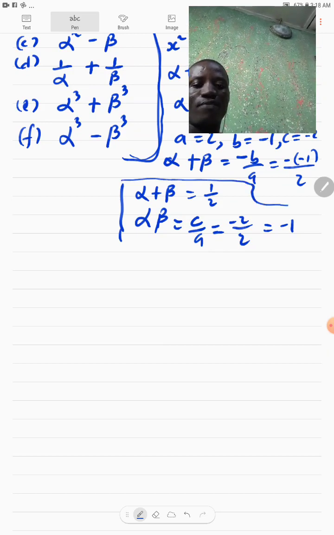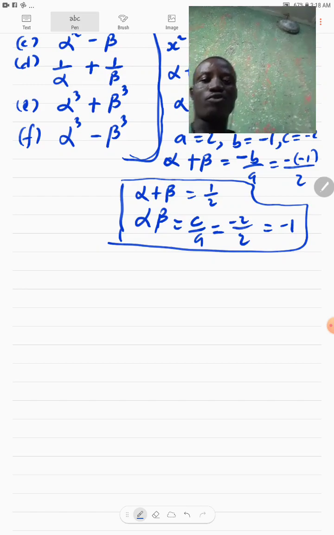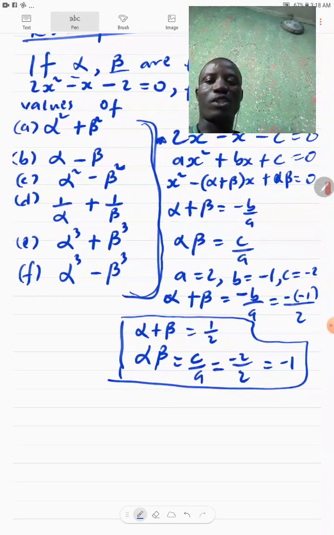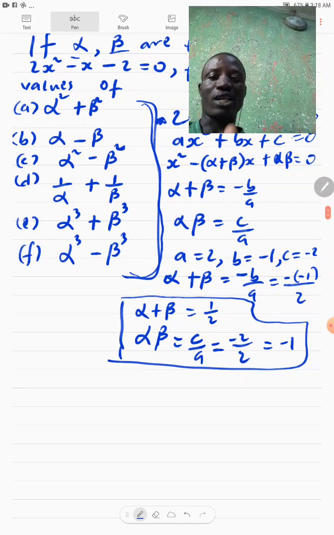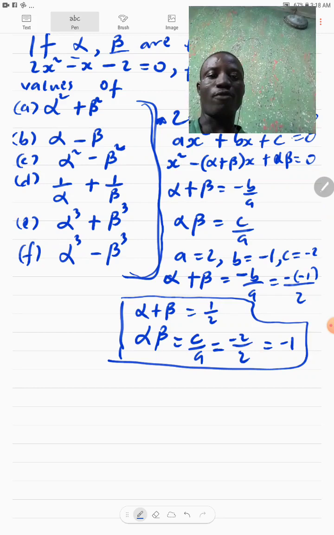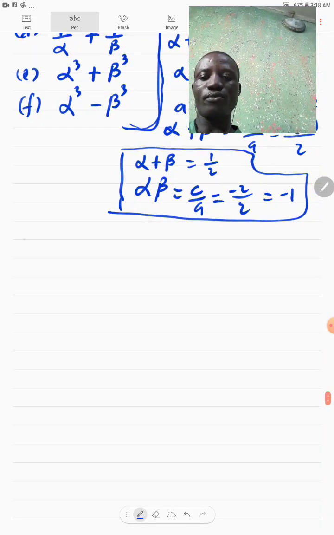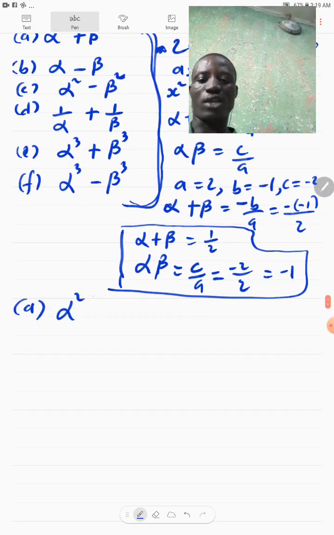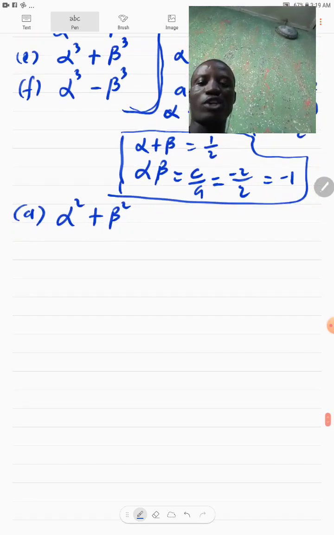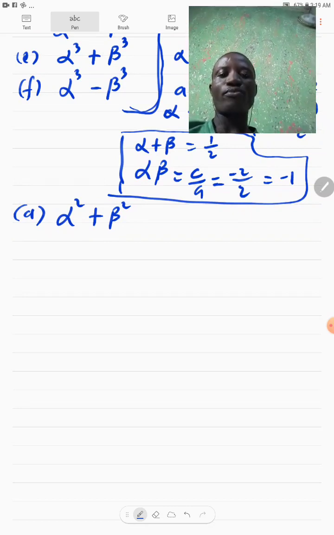So now that we have our alpha plus beta and our alpha beta values, we can simply take what they have given to us. In the previous classes, I've shown you how to break down these kinds of things, rewriting them in the form of sum of roots and product of roots, so I may not dwell so much on explaining them, but if you have gone through that class, you would understand what I'm doing right now. I want to express this now in the form of alpha plus beta and alpha beta.